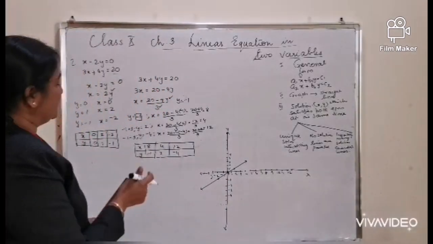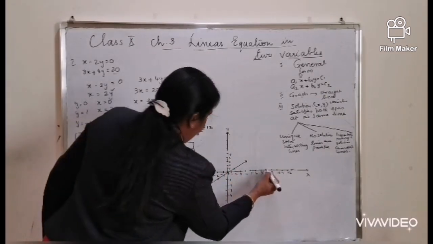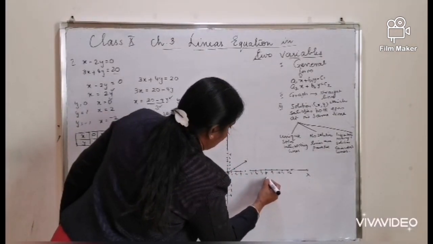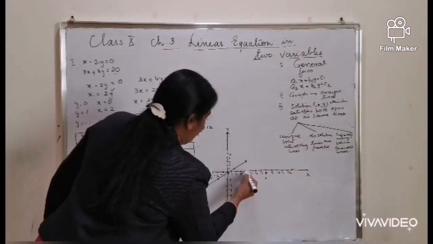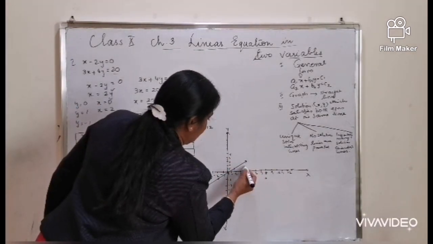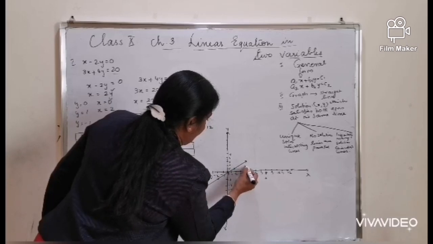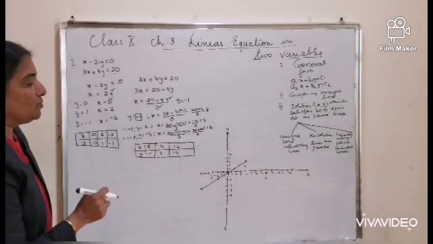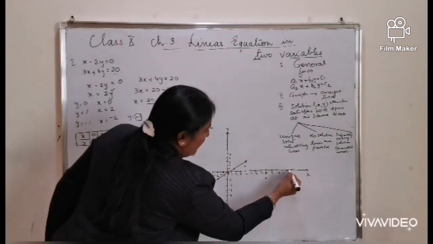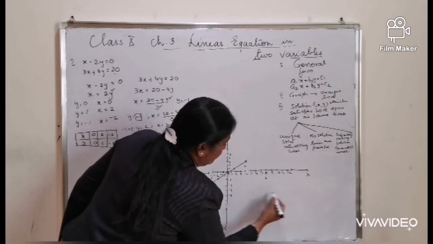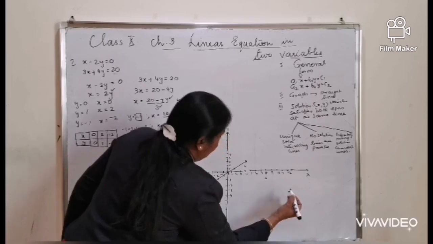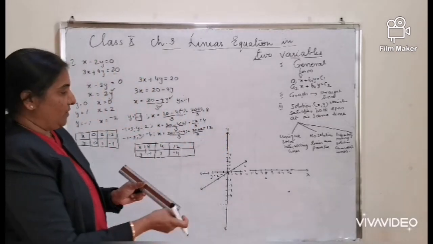Next, the points (8, minus 1), (4, 2) and (12, minus 4).